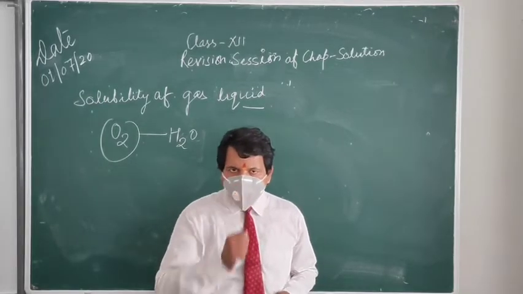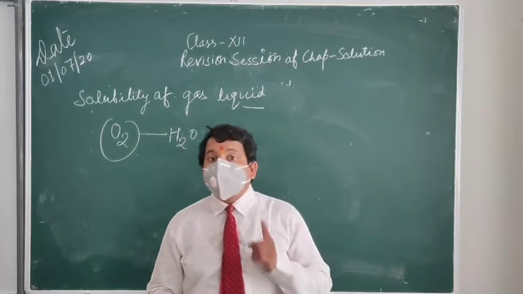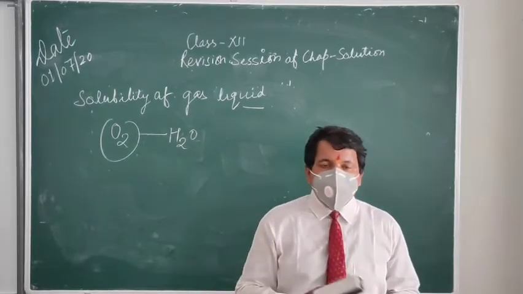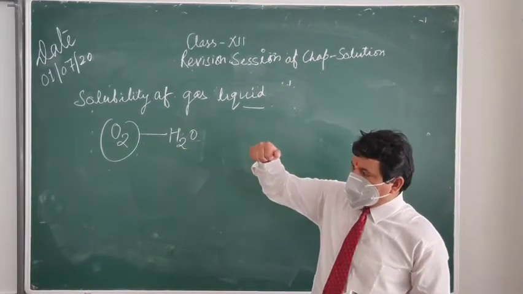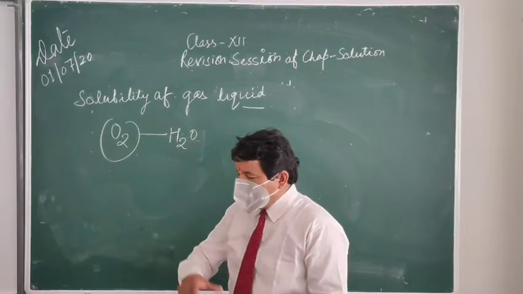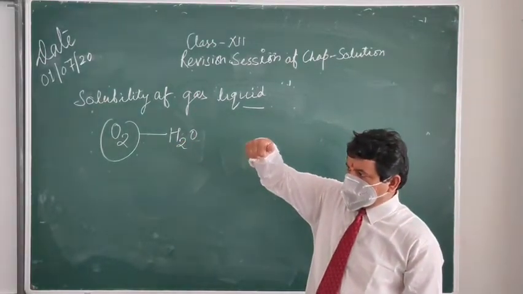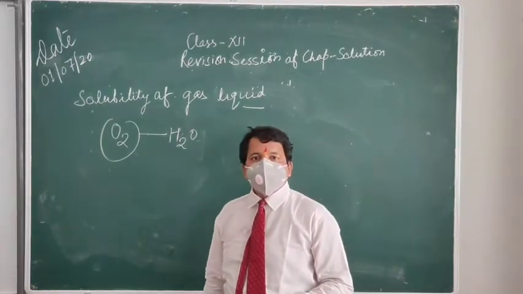So the solubility of gases in liquid is directly proportional to pressure. It means as the pressure increases, the solubility of gases also increases. Whenever we apply pressure, the molecules compress and dissolve.